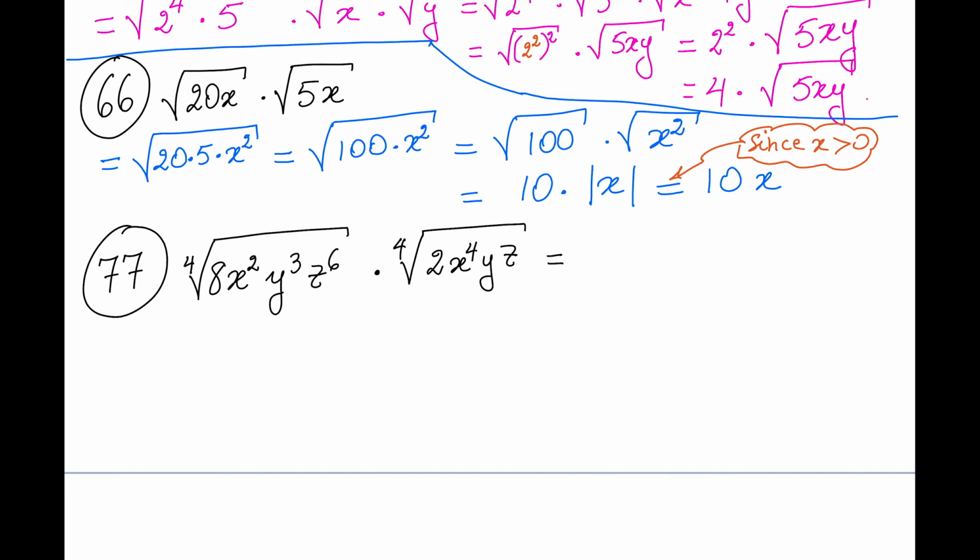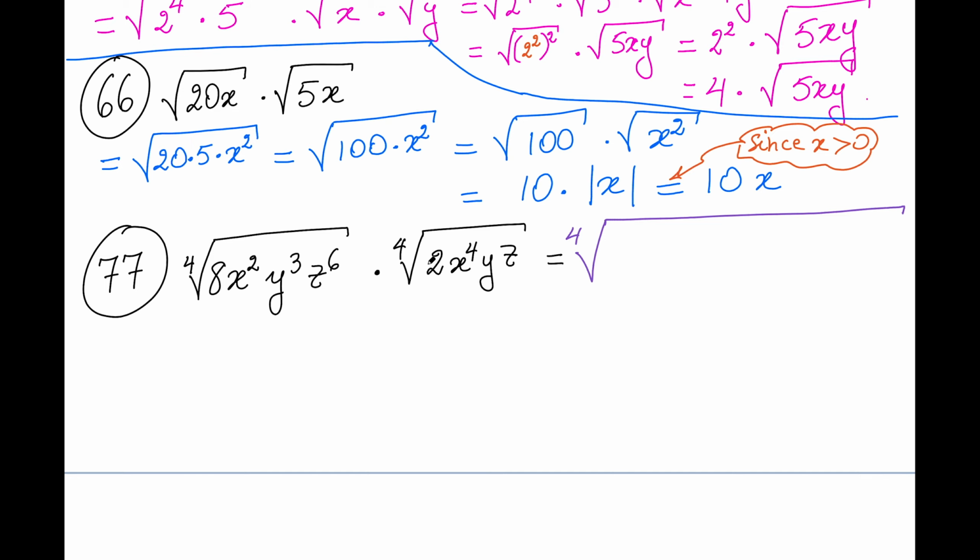Okay, 77. So 77. All right, so how about condensing them under one umbrella? So getting a big umbrella for the product. We can do so because this is the product of fourth roots, the same index. So by the product rule for radicals, we can combine the two.